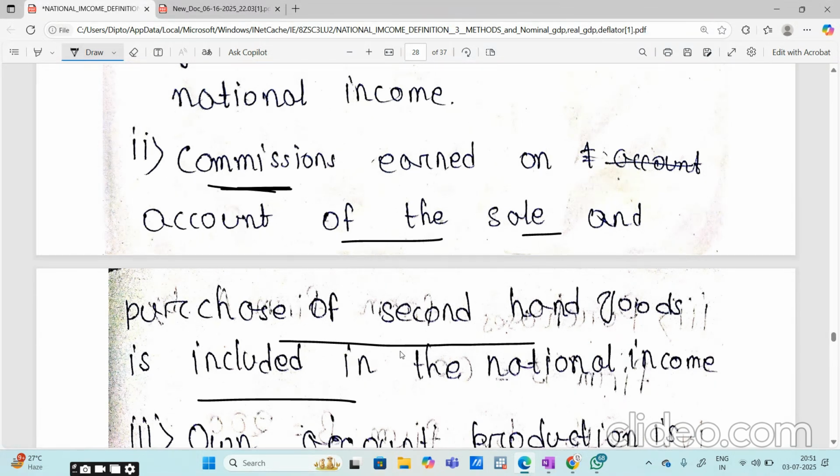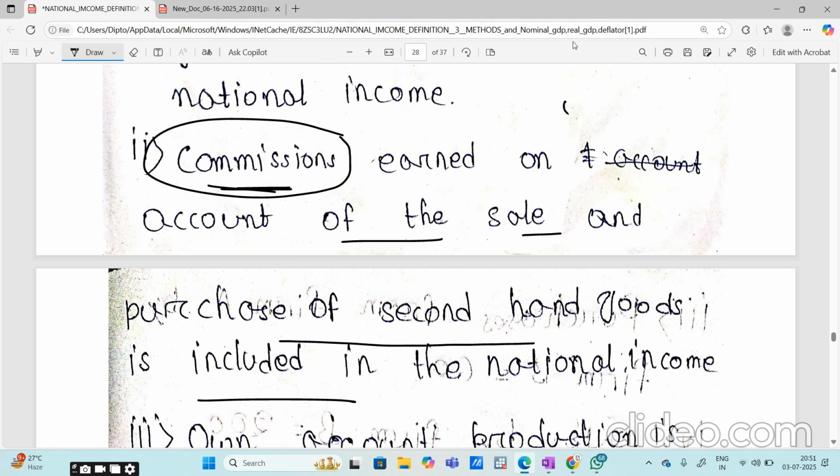But the commission earned on the sale and purchase of second hand goods should be included in GDP, in national income.